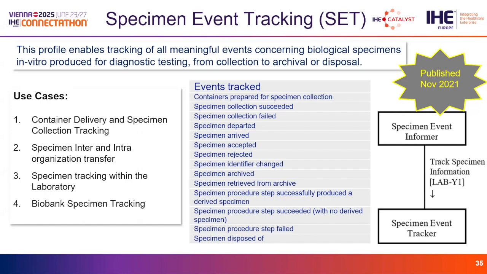Here we have a set of events defined by the profile, and in particular the LAB-Epsilon1 transaction is an HL7 version 2 related transaction, used to build the proper HL7 version 2 messages for every one of these events. We also developed, together with the HL7 Orders and Observations group, a set of new HL7 version 2 message profiles dedicated to SET, new for SET, we can say.